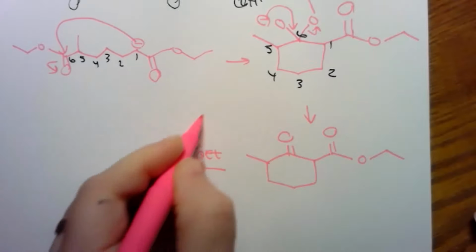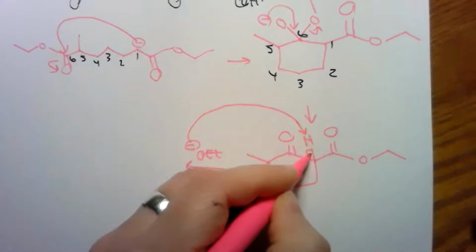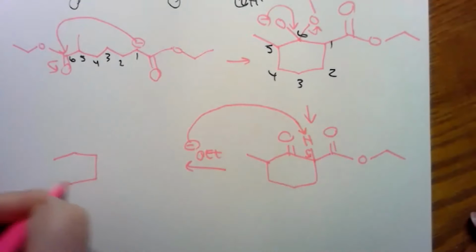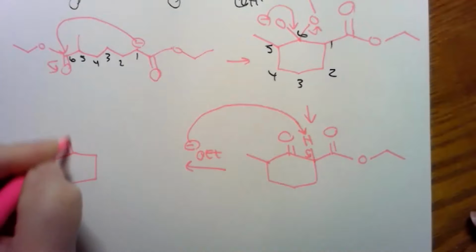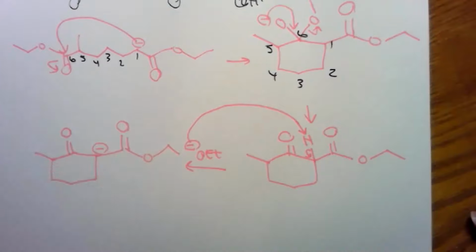The base plucks an alpha hydrogen. Which alpha hydrogen? The one from betwixt the 2 carbonyl carbons, because that one is way more acidic than the alpha hydrogen over here, because it's between 2.